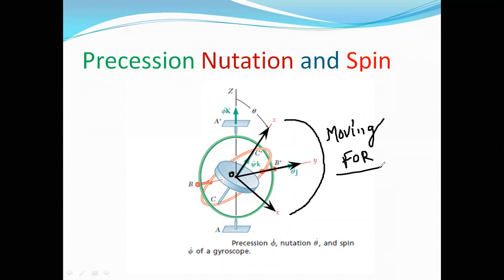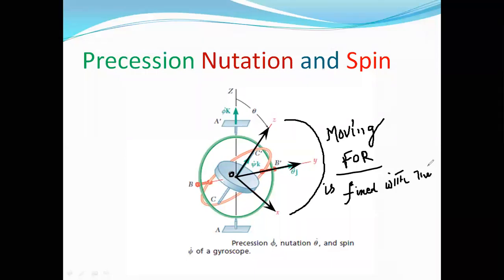Fine. Now look very carefully. I am repeating, this moving frame of reference is fixed with the inner gimbal.